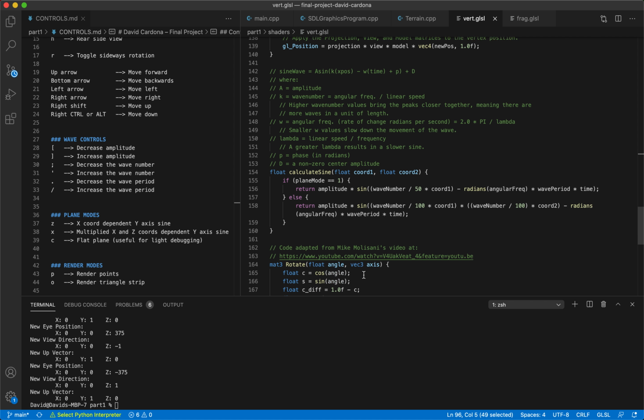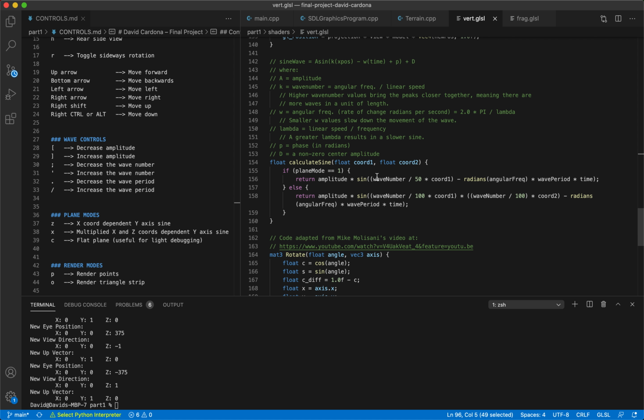But the other two modes interact with the sine wave equation. The first mode will utilize only the first coordinate passed, in this case the x-axis coordinate, in order to do the sine wave calculations for the y value. And what this creates is a wave that is moving sideways from one side to the other.